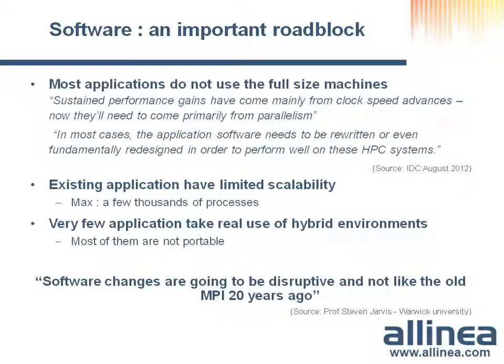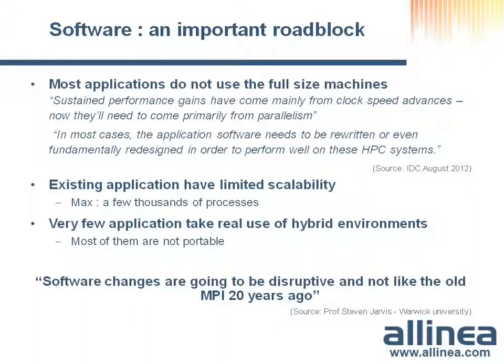As it has been stated by IDC for a couple of years now, and it has been stated once again in August 2012, the applications that are being used on the HPC market today do not use the full size of the machines that are being made available for them. There are multiple issues. The first issue is the number of CPUs that are accessible. So this number of cores is increasing very quickly.